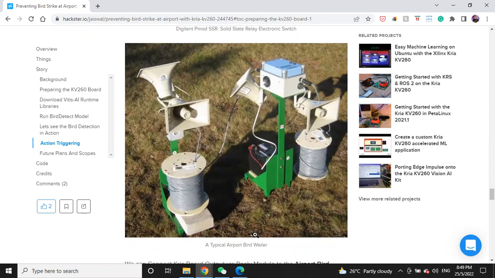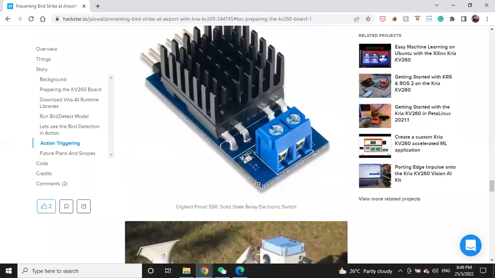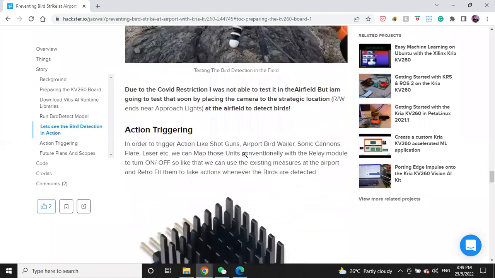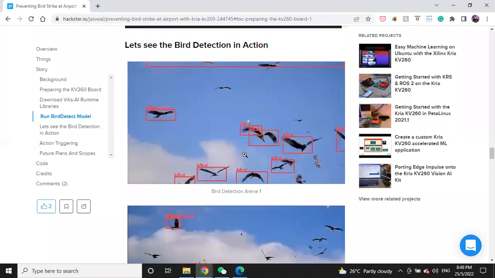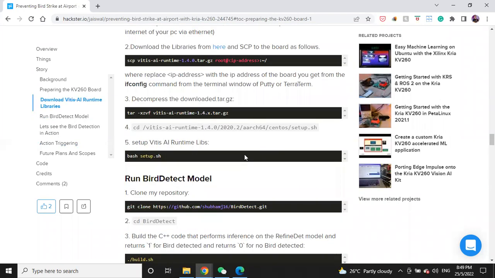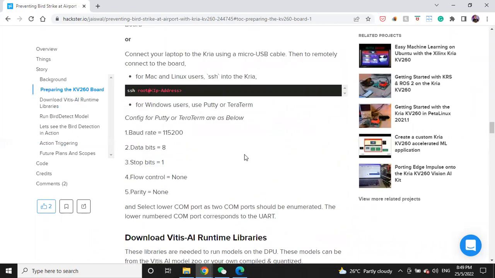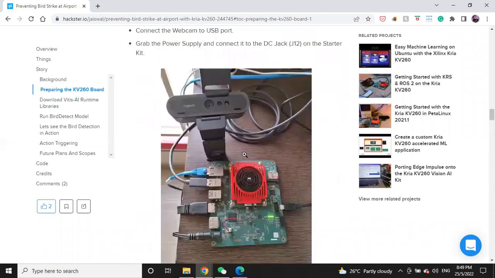So what I'm doing, along with that, is conventionally connecting it with a relay. As soon as the birds are detected, it will trigger the sound. So this is my project, all about how you can make it a smart one. And it's actually very beneficial, practically detecting and keeping the birds away.